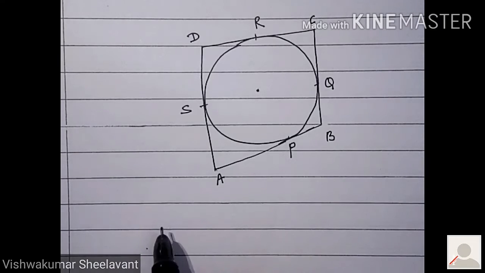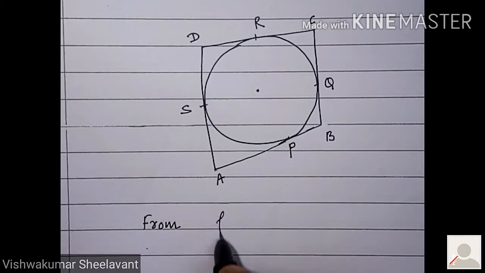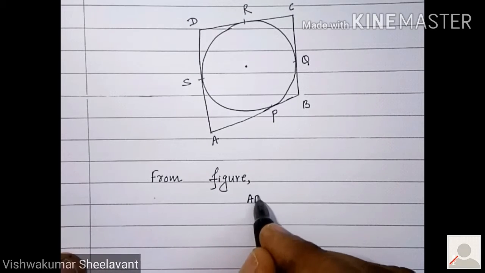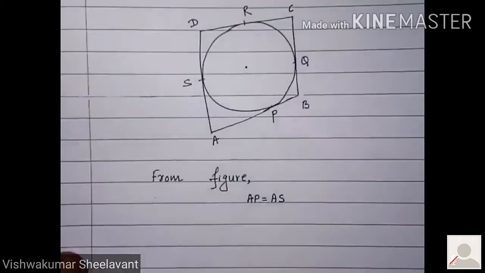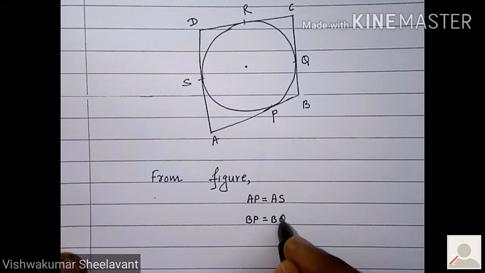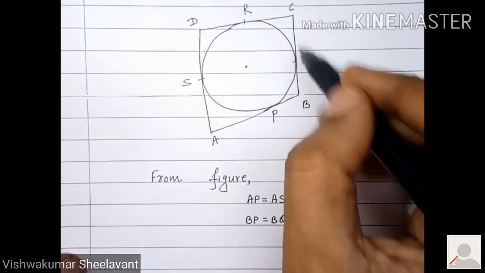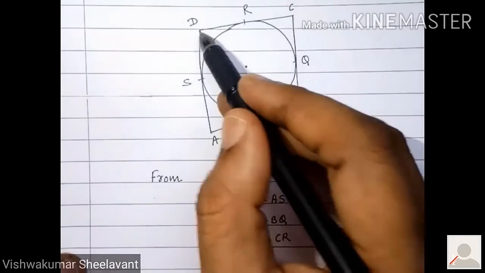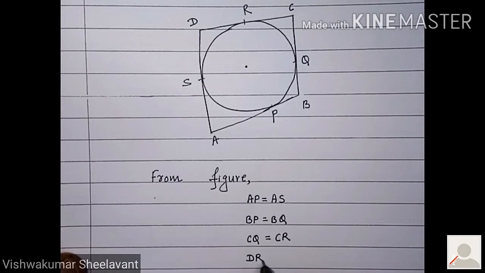Right? So, you can write here now from the figure, AP equal to AS, BP equal to BQ, CQ equal to CR, and DR equal to DS. Why can we write like this?